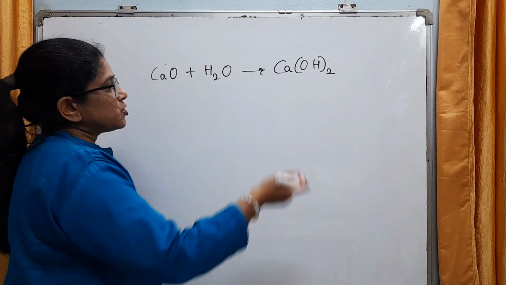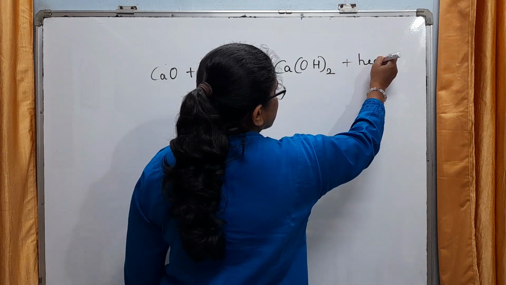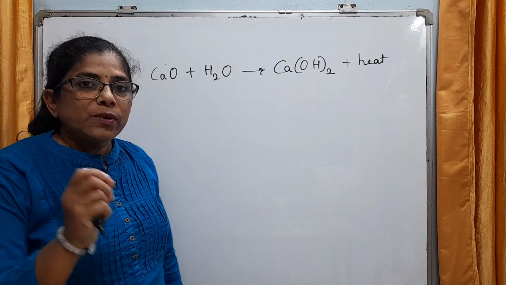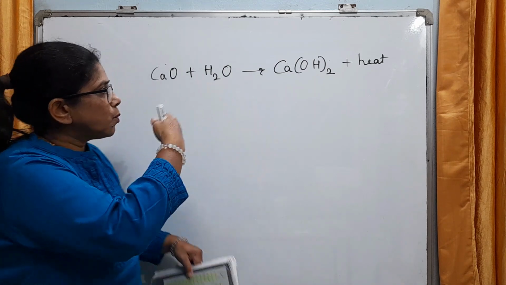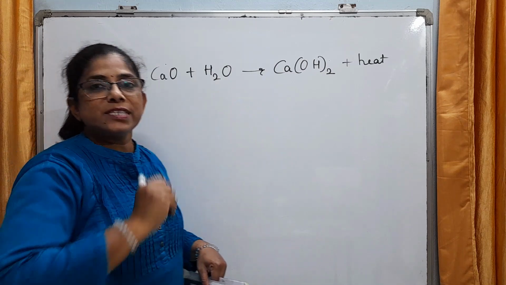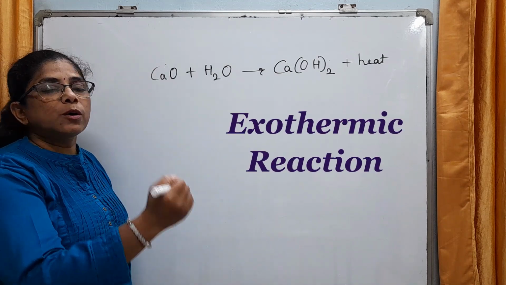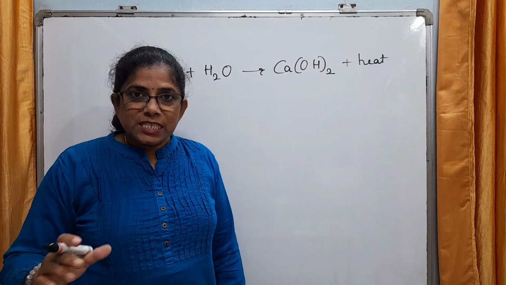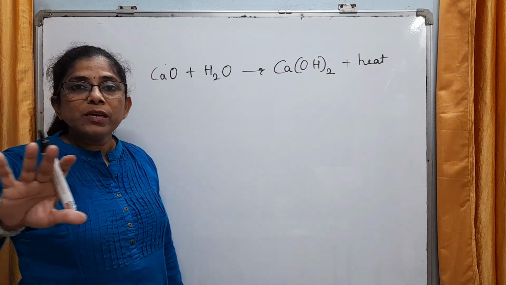And in this reaction, along with the formation of calcium hydroxide, heat is released. So there are few reactions in which, when the reaction takes place, in that process heat is released. So such reactions are called as exothermic reactions. So the reactions in which heat is released, heat energy is given out, such reactions are called as exothermic reactions.